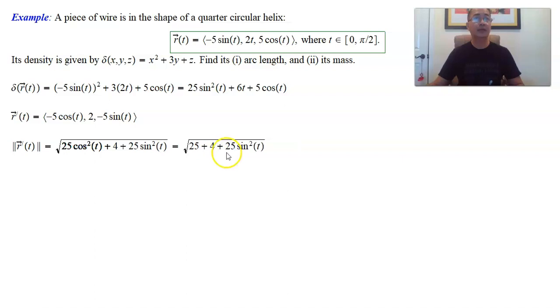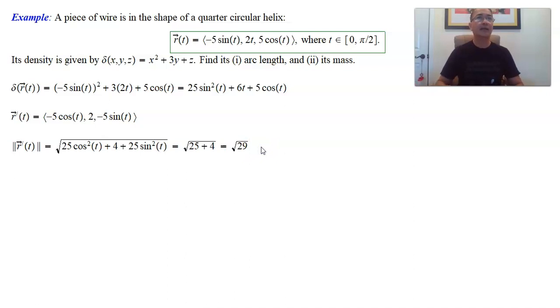So we get 25 plus 4, and of course, that is simply square root of 29. That part of the integrand has a square root, but it's benign, because it's just a constant.